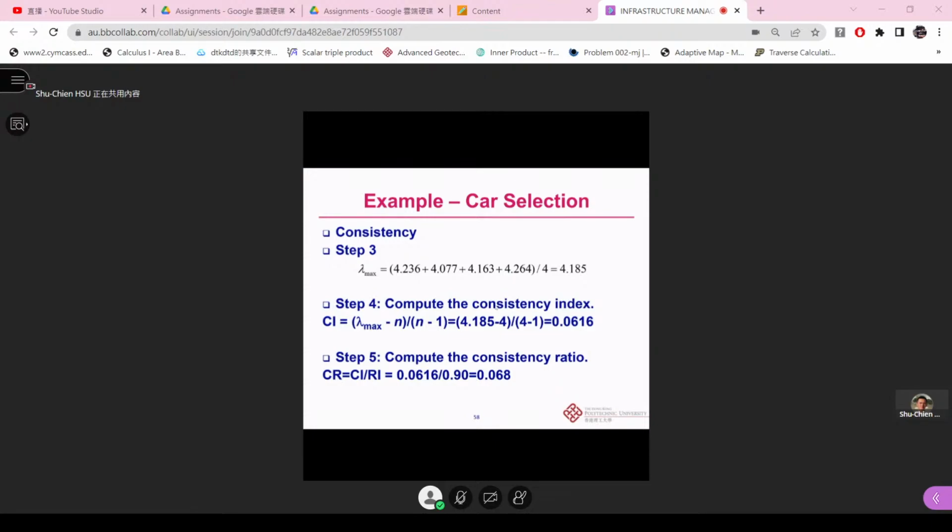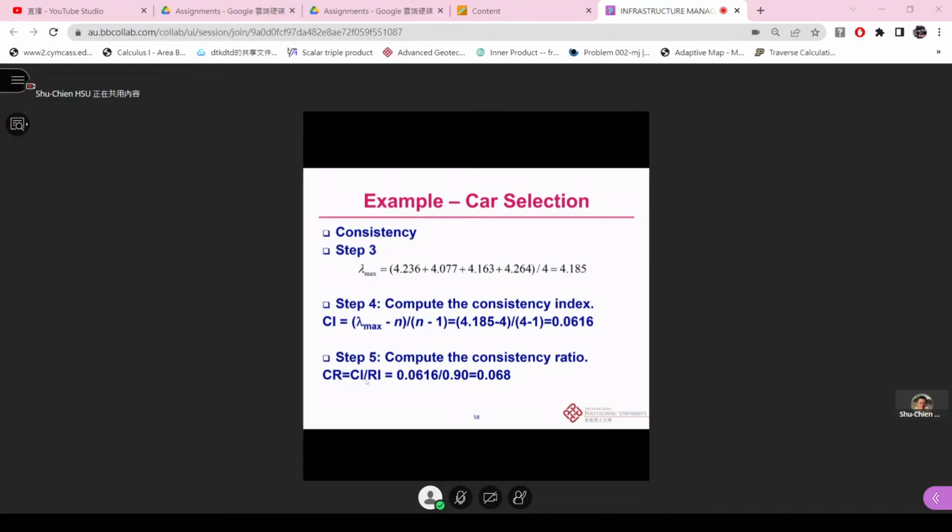So step 4, we compute the consistency index, where CI is equal to lambda max minus n, divided by n minus 1. So we get 0.0616. The n is 4, because we have 4 characteristics, so that is why n is like this. Based on n, we also know the RI is 0.9.